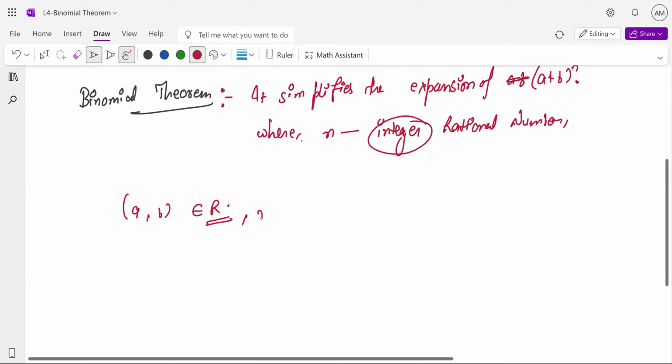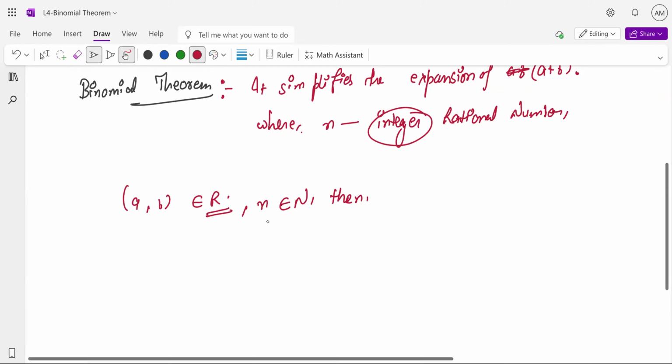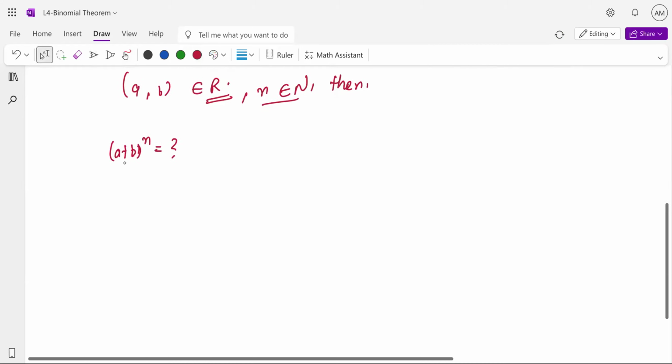And I have another number n, which belongs to the integers, or you can say natural numbers. Then I have to calculate a plus b to the power n. How can I calculate it? Let's do something.